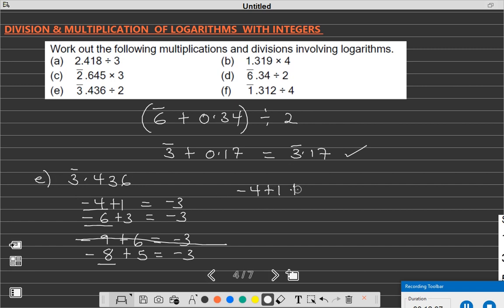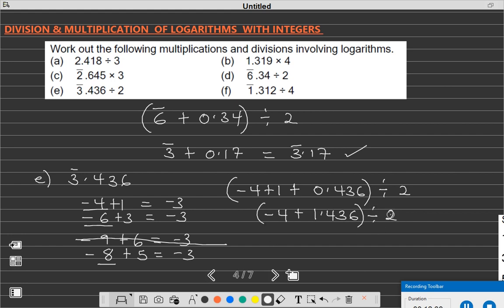Then plus 0.436. This one divided by 2. So I just bring this one and I add it on my answer. So I get minus 4 plus 1.436. This one divided by 2.